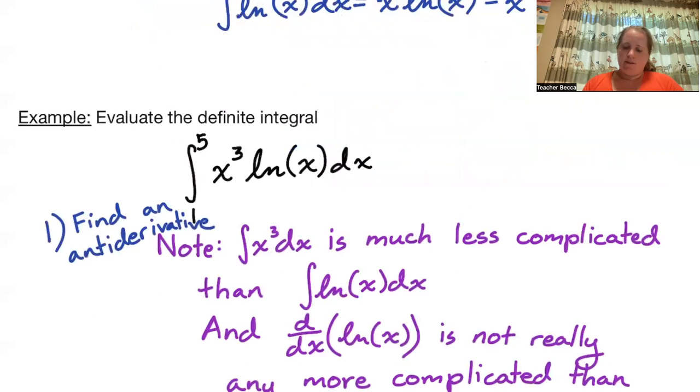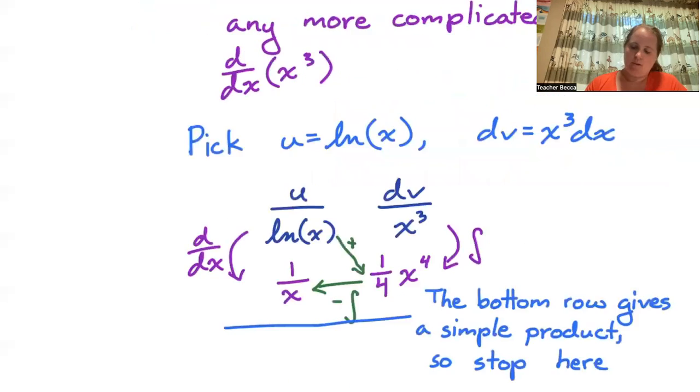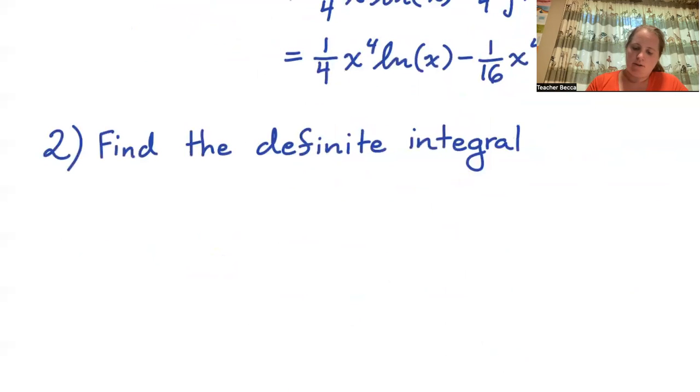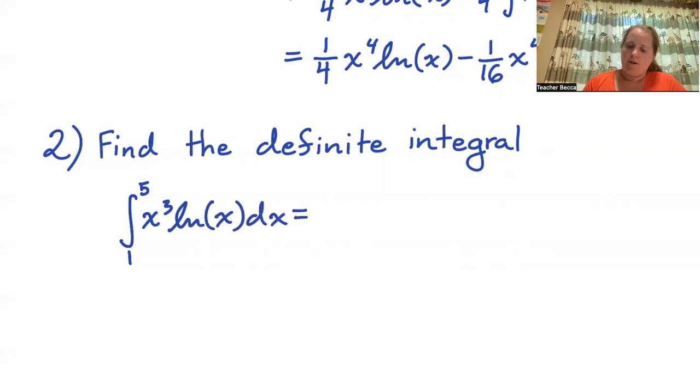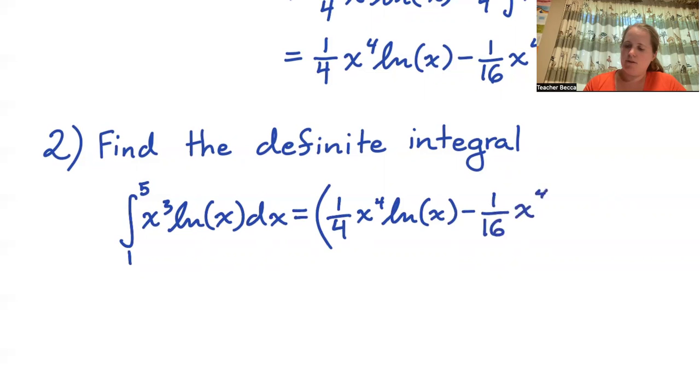We were asked to find the definite integral from 1 to 5 of x cubed natural log of x dx. We know our antiderivative is 1/4 x to the 4th natural log of x minus 1/16 x to the 4th.